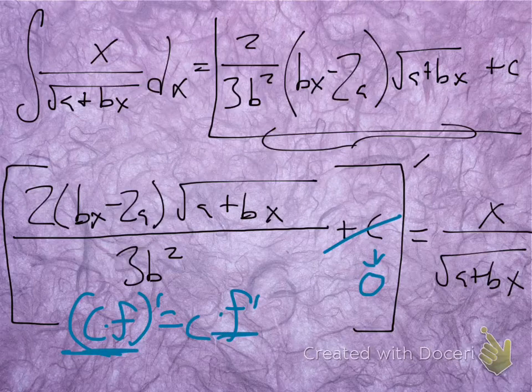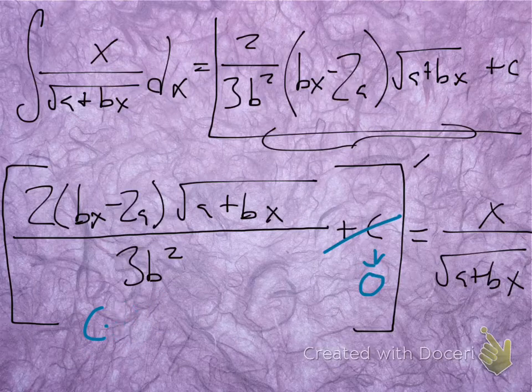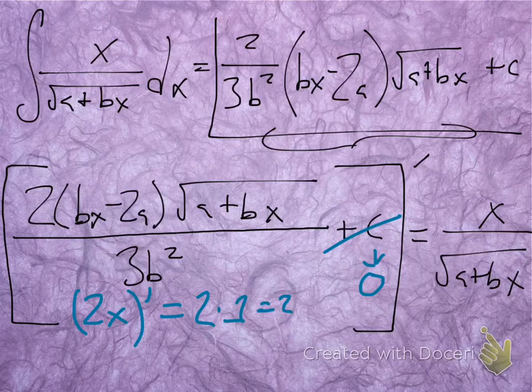So this is basically saying if we have a constant times a function, its derivative is that constant times the derivative of that function. So a practical example of that would just be, what is 2x prime, right? Well, 2x prime is just going to be 2 because it's the constant times x prime, which is just 2 times 1, which is 2. So that's what we're talking about here.